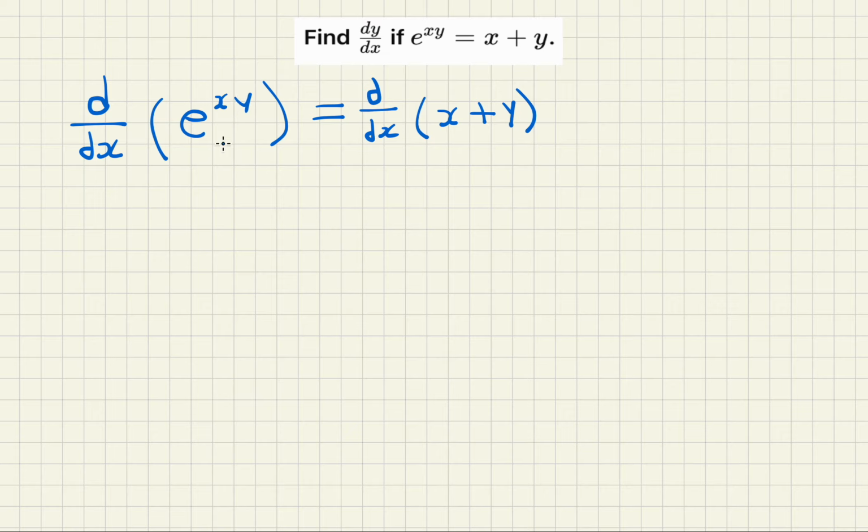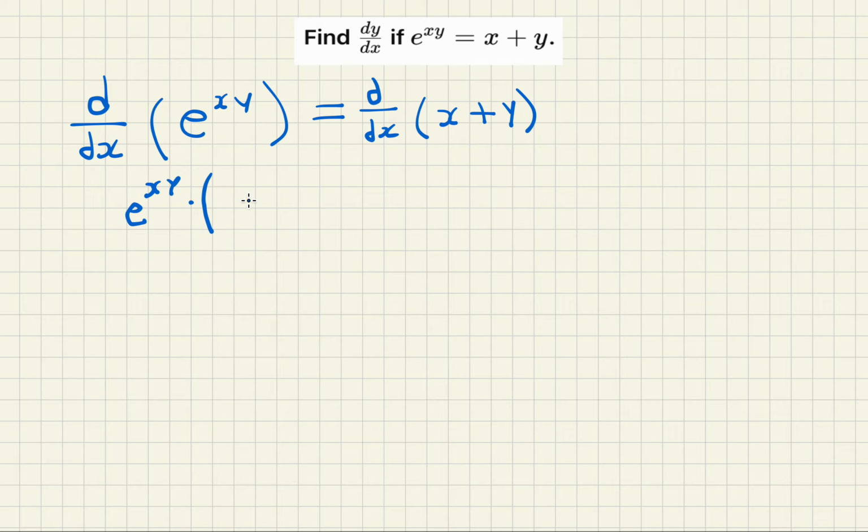Now we'll work with the left side first. When you differentiate e to the power of anything, you get e to the power of anything times that power. So e to the power of xy times, I'll put this in brackets, xy, differentiating xy with respect to x.